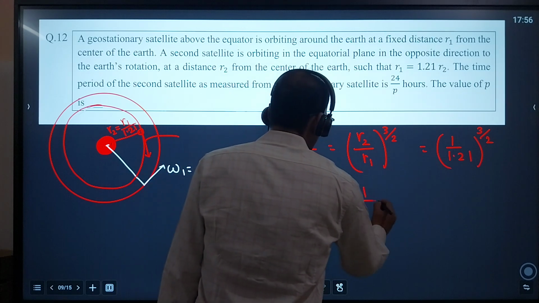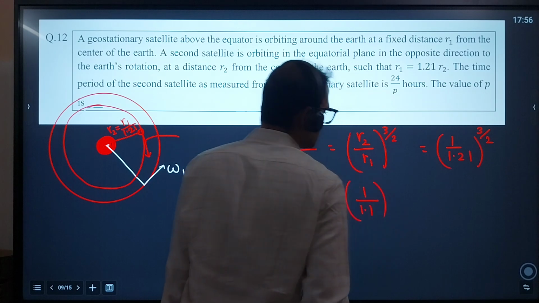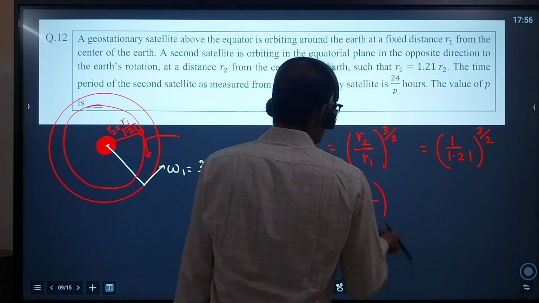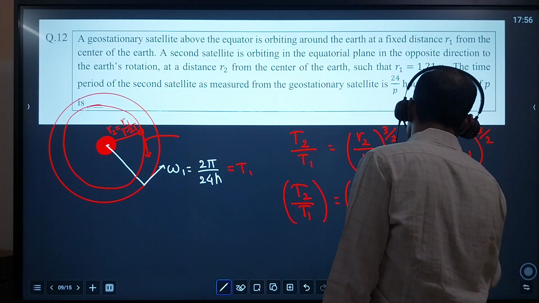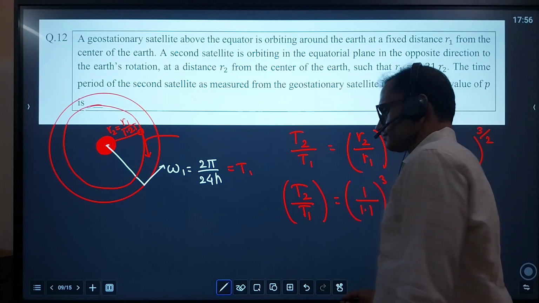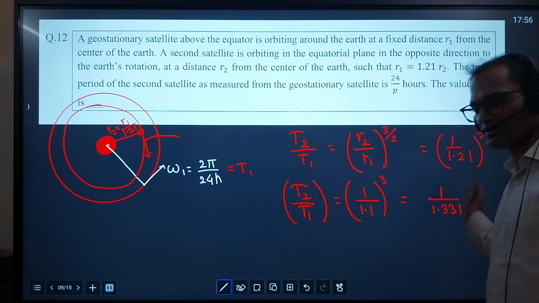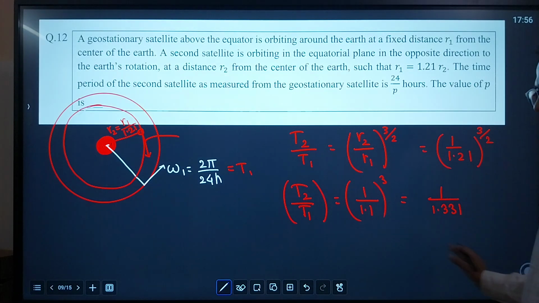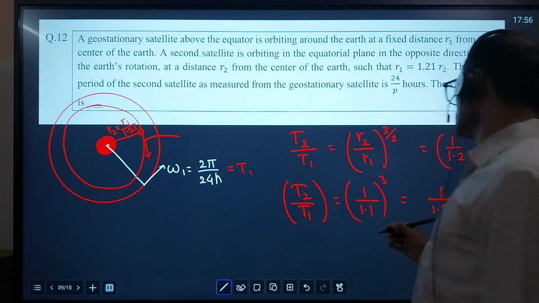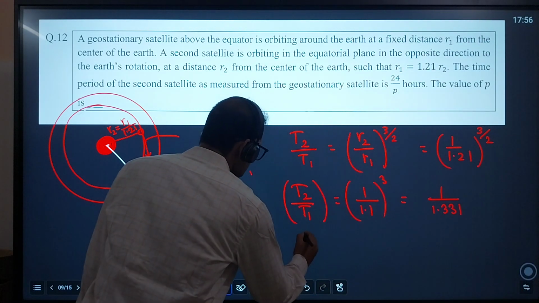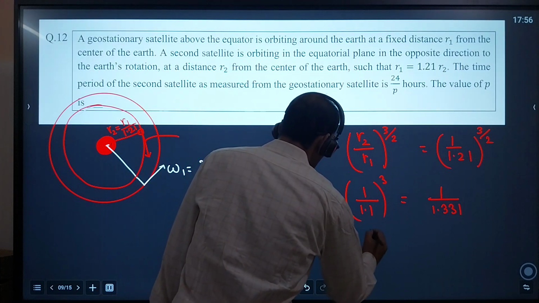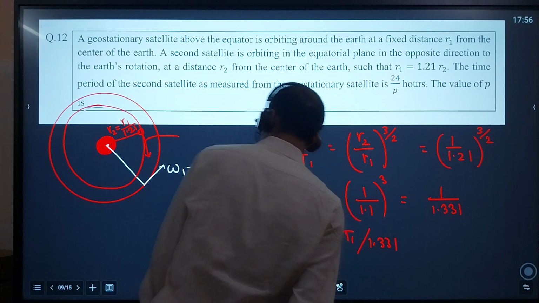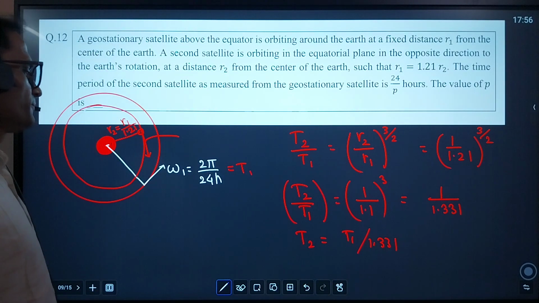The square root of 1.21 gives 1 by 1.1, and then you take the cube root. This kind of calculation we actually do; math people discuss it like a trick. So t2 is t1 by 1.331.